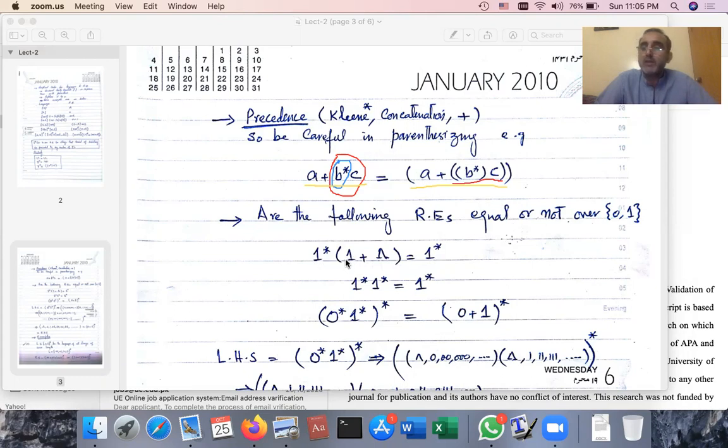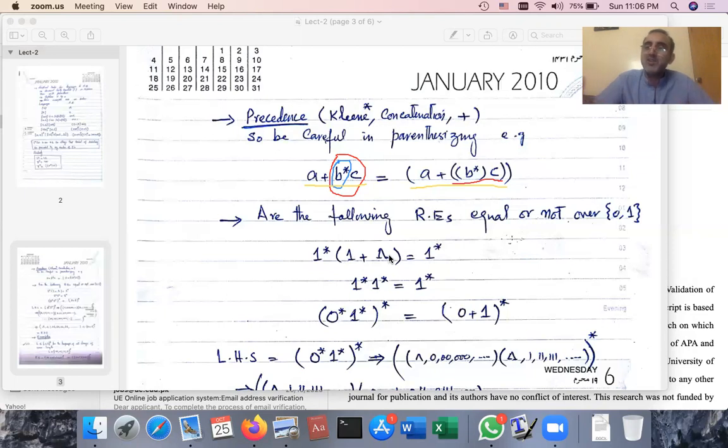I will get 1 plus. And then you have to multiply 1 star with this null, and what you will get? 1 star. So here I have 1 plus, here I have 1 star, and it is again equal to 1 plus and 1 star.